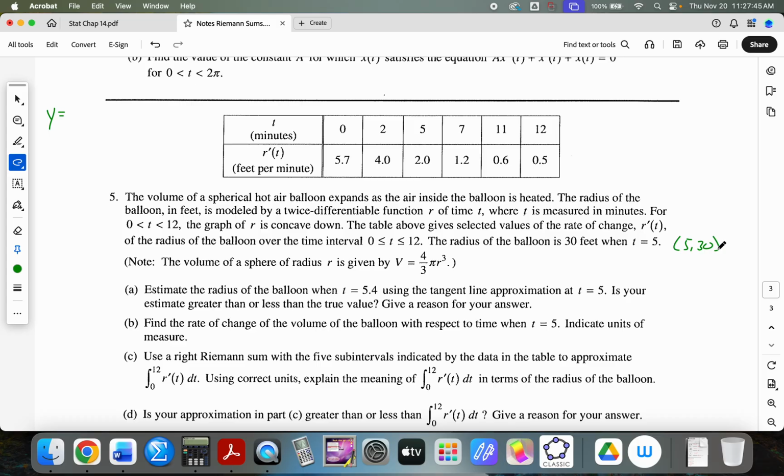So I've got a point. And what's the rate of change? Well, that's our slope. That's 2. So I can write the equation. This will be y is equal to 30 plus 2 times x minus 5.